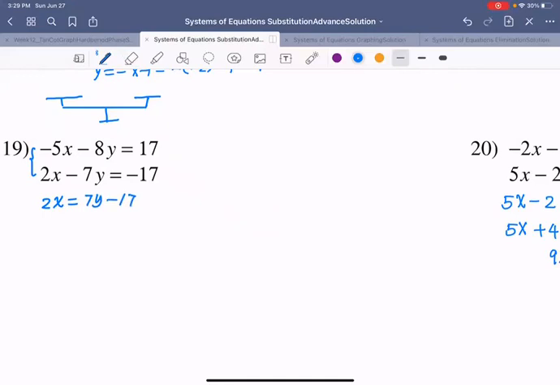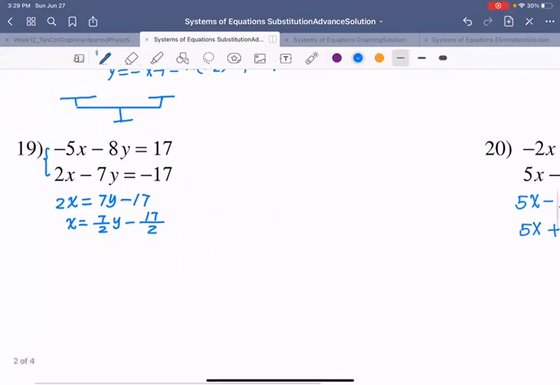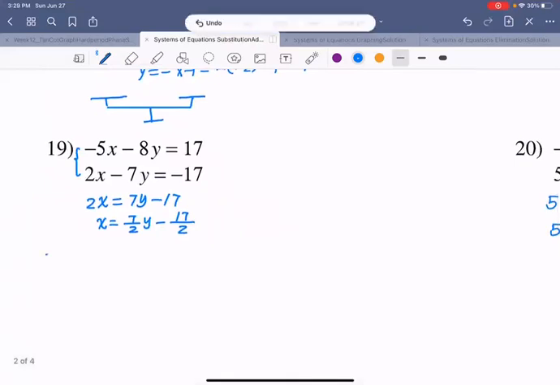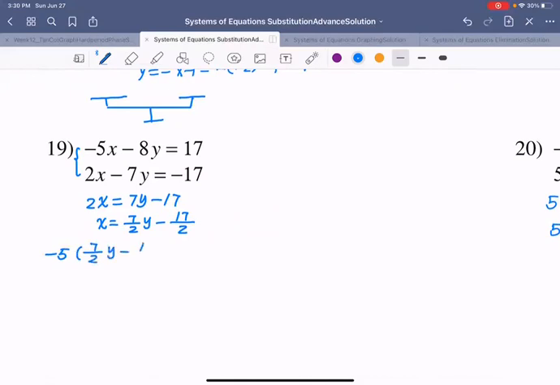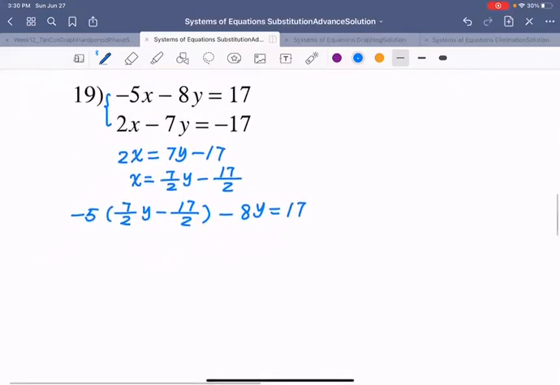Then you would divide it by 2, both sides. Continue. Then you would substitute it for x in the top equation. So -5 times this, right? Correct? Yeah. Okay, go ahead.